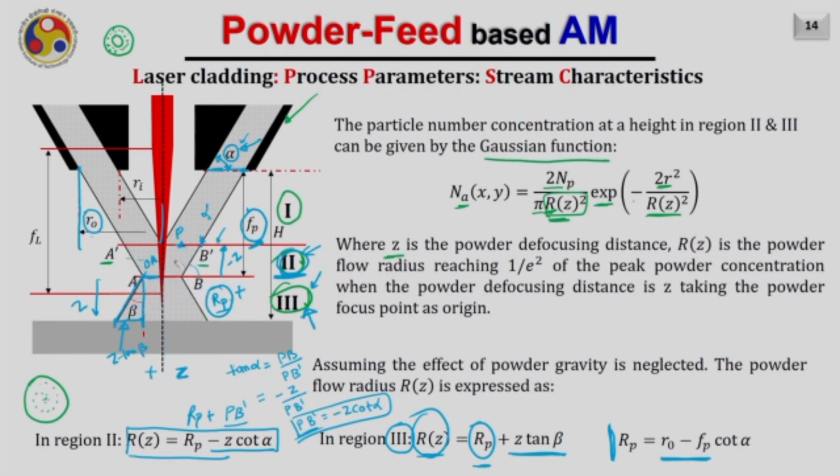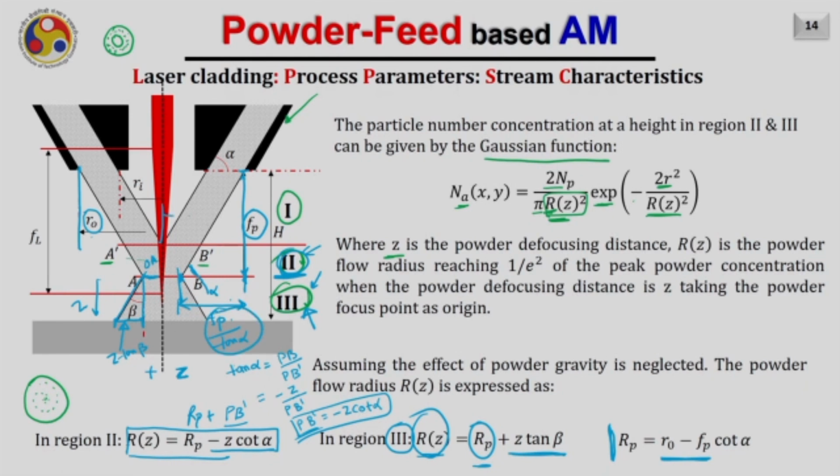So, let us see that. I am cleaning this area. This distance is known to me from here to here. It is Fp. Now, I am interested in finding out this distance. As this angle is alpha, therefore, this angle will also be alpha. So, let me write it as alpha. So, this angle is alpha, therefore, this distance from here to here will be nothing but Fp divided by tan alpha, or in other words Fp cot alpha.